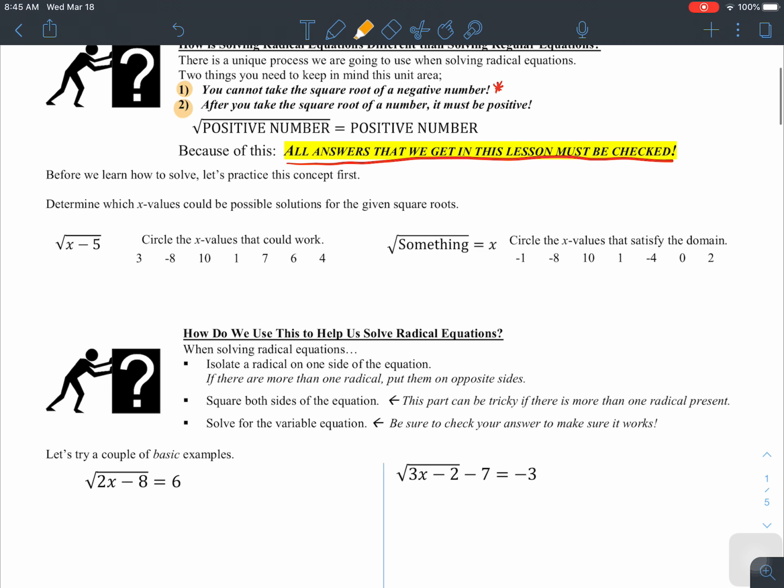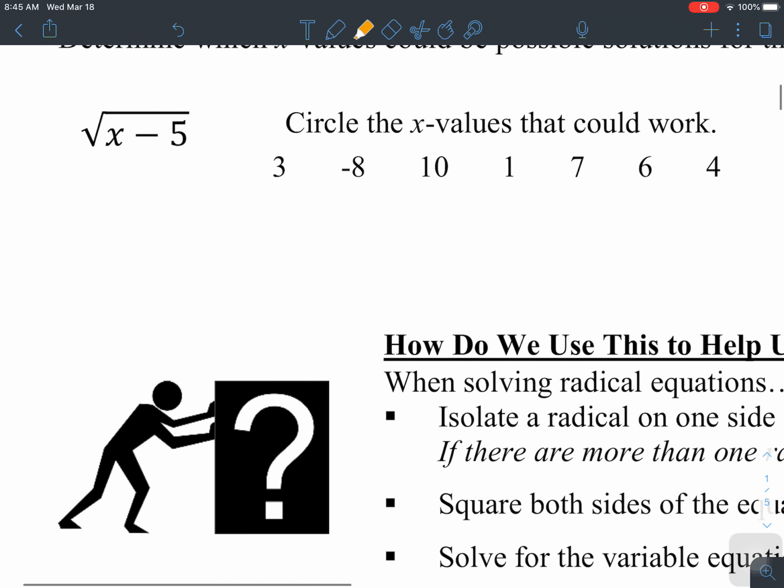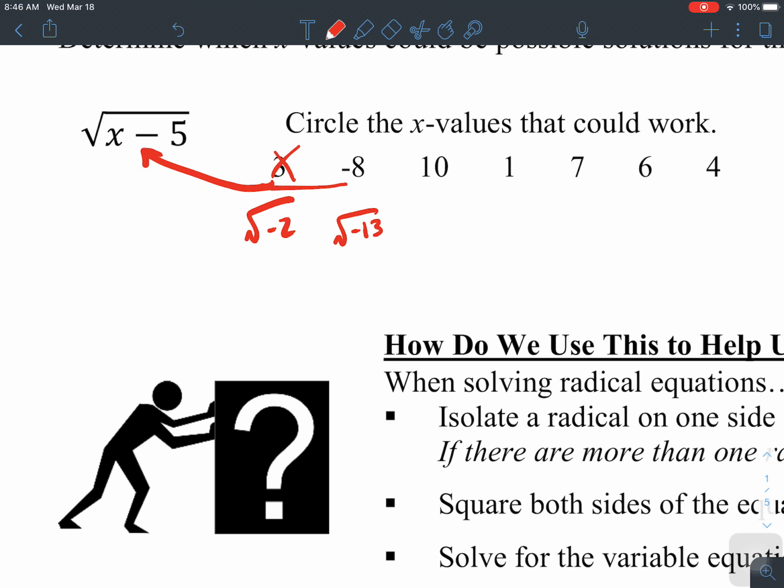So before we start, just to get this idea of always checking our answers, let's assume we did 7 problems and we got these 7 numbers for x: 3, -8, 10, 1, 7, 6, 4. And we're checking our answers. Our job is to plug these numbers in for x. Square root of -2? Well, that's not possible. Can't take the square root of a negative. If I plug -8 in for x, square root of -13.